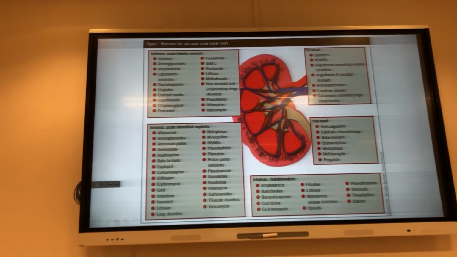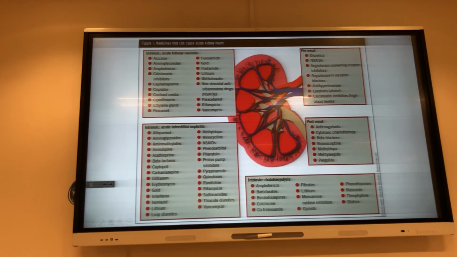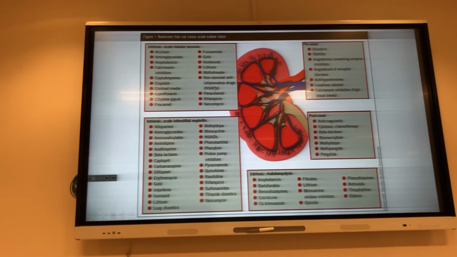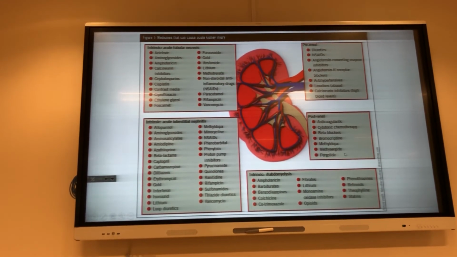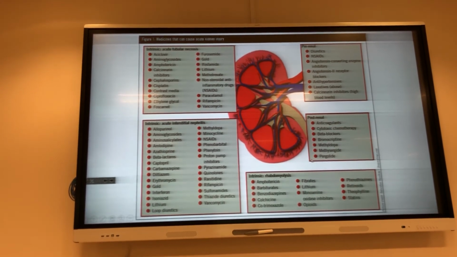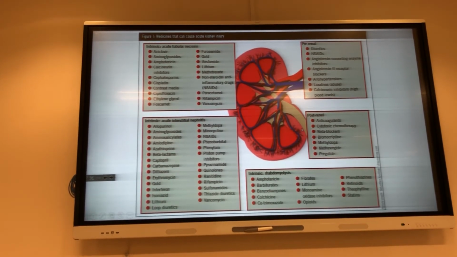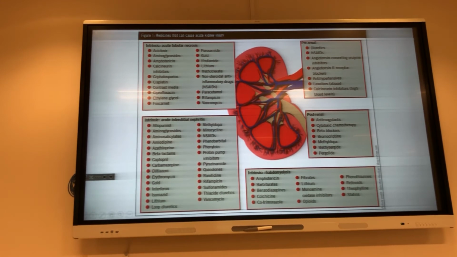So it's not many. Most drugs are usually safe, and usually they're only an issue if the patients have other issues like renal impairment.